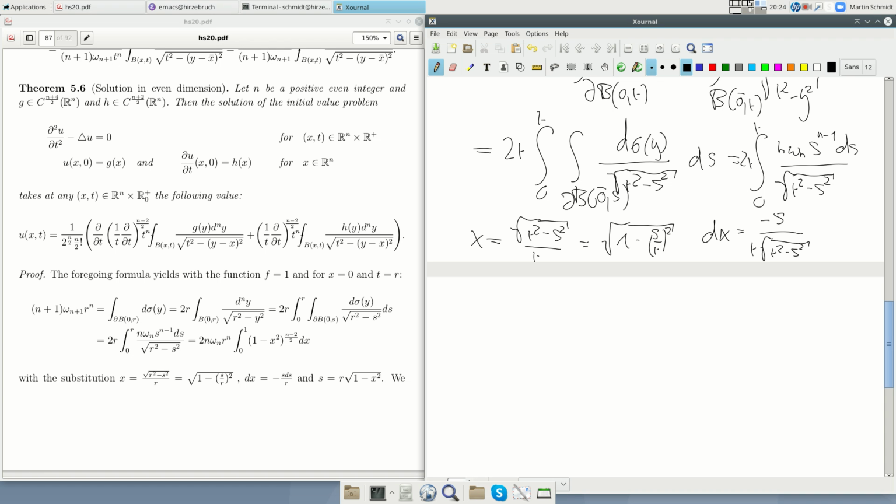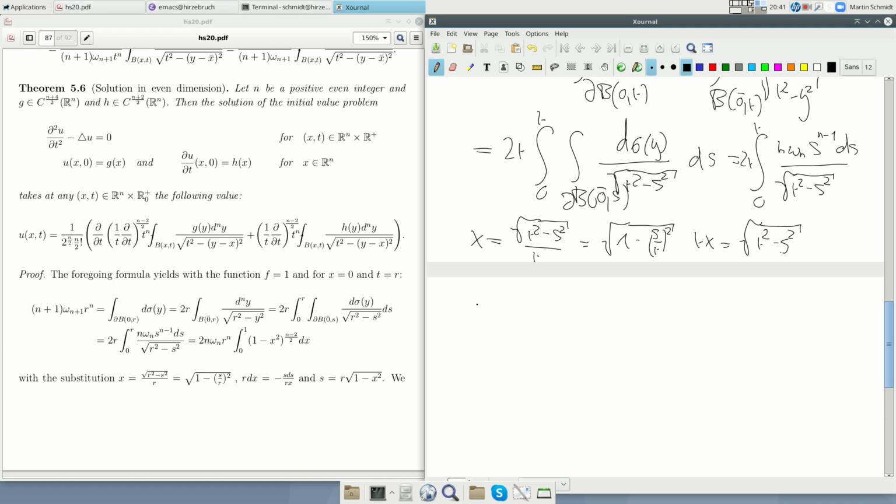Okay, let's calculate this again, simplify. This is our substitution, so Rx is equal to square root of R square minus s square.